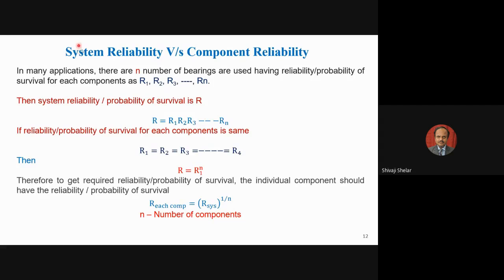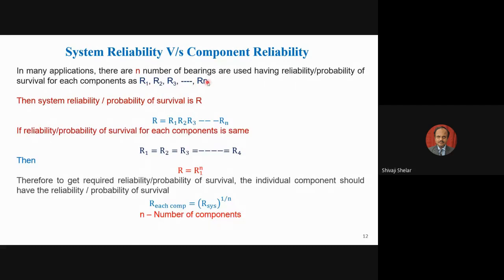So in many applications, n number of bearings are to be used, and each bearing may have different probability of survival, say R1, R2, R3, and Rn. These are the individual probabilities of survival. These are called component reliability.